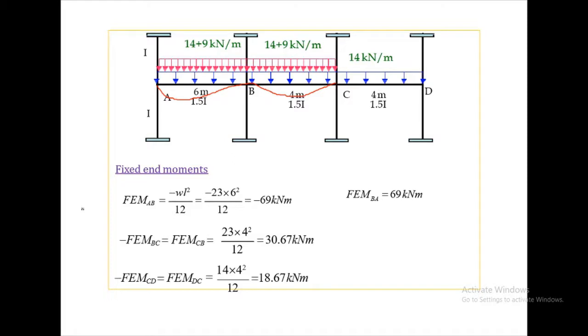As you all know, the equation for a fixed end moment when it is a UDL is WL square by 12. If it is the left support, it is minus WL square by 12, and if it is the right support, it is plus WL square by 12. Therefore, FEM AB equals minus WL square divided by 12, which is equal to minus 23 (that is 14 plus 9) into 6 square, the length, divided by 12.